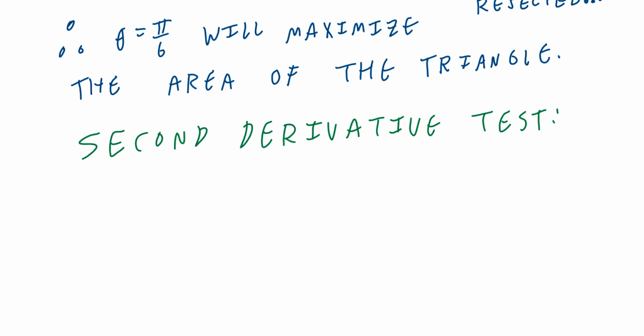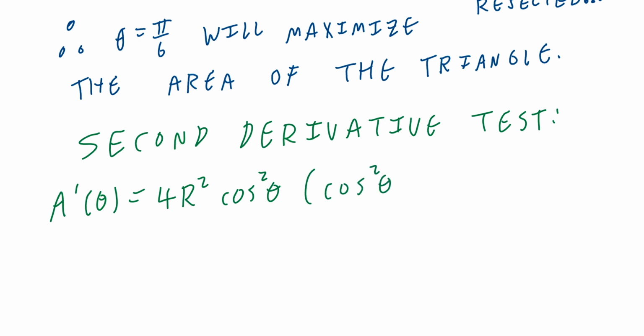So again, we go back and we copy A prime of theta, which equals 4r squared cosine theta squared times, in brackets, cosine theta squared minus 3 sine theta squared.